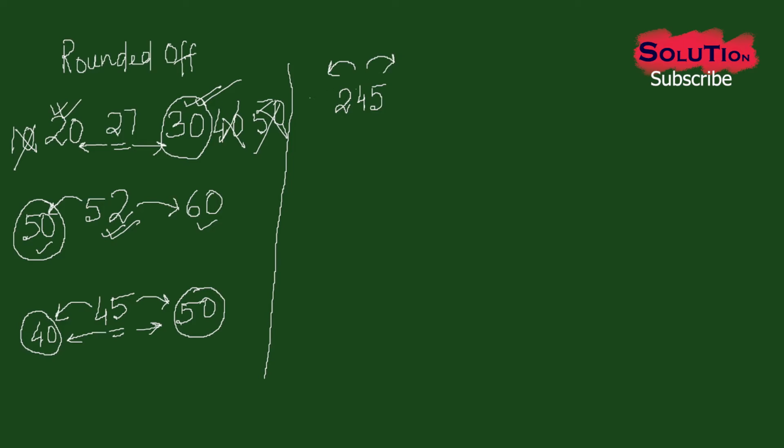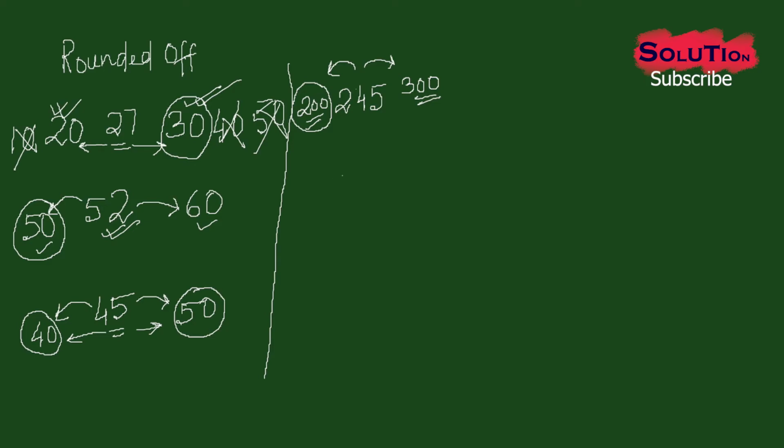On the left side we have 200, and on the right side we have 300. Out of these two numbers, 200 and 300, which one is closest to 245? You can see that 200 is closest to 245.